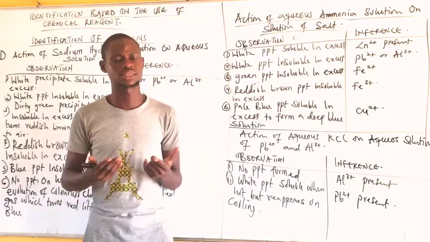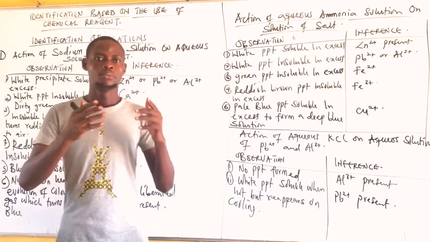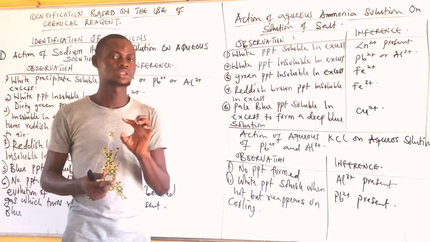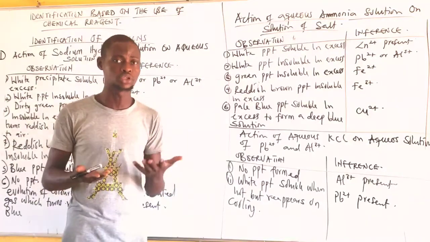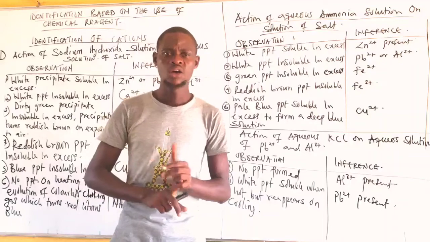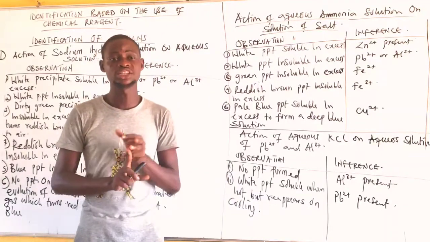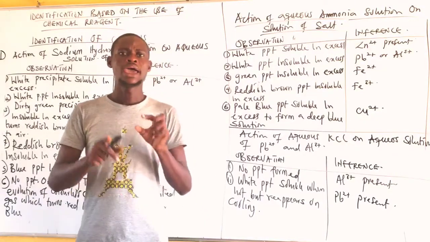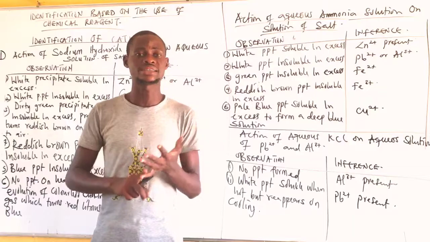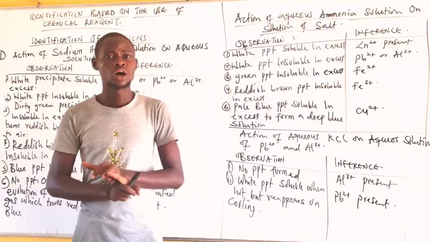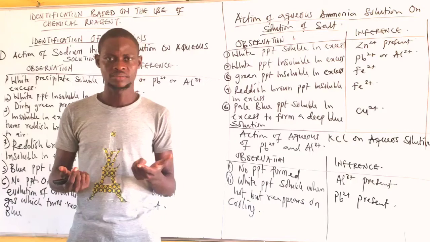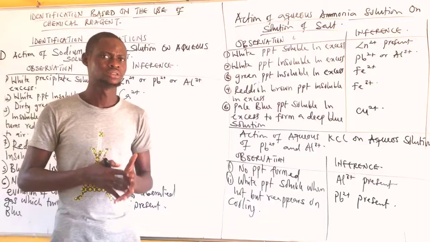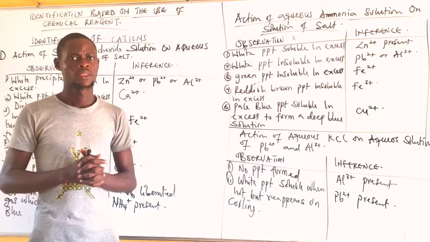Normally, many substances can be identified by treating the aqueous solution of their salts with chemical reagents that can either produce a gas, change a color, produce an odor, or even produce a precipitate. You understand? Then we can use this to identify the kind of ion that is found in that substance.